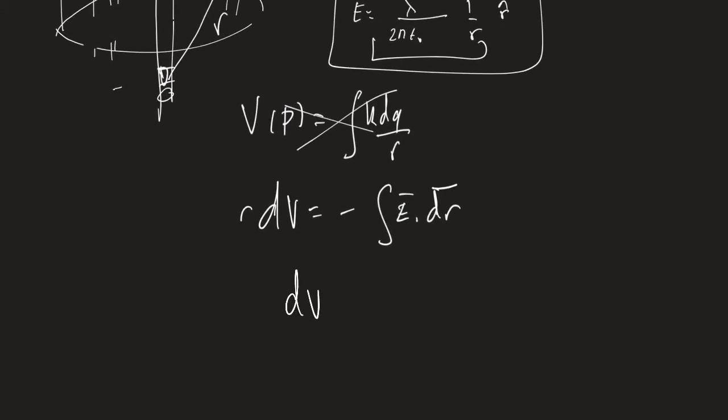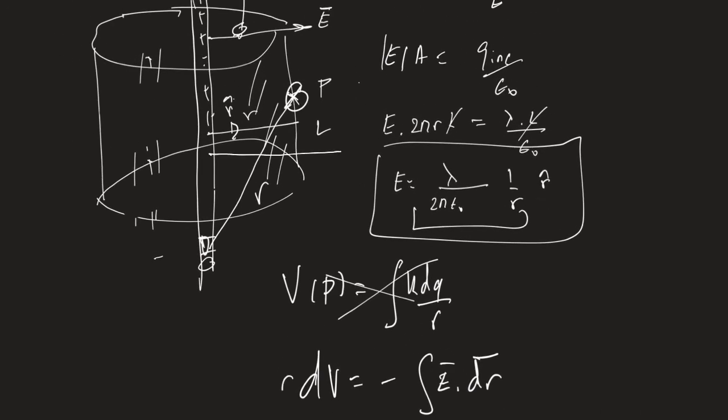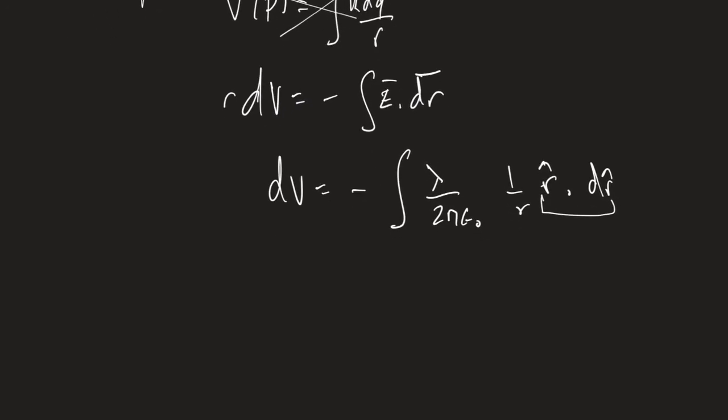So dV equals minus the integral of lambda over 2 pi epsilon 0, 1 over R, the electrical field, R scalar dr. But R scalar dr in this case is dx, is this direction, because this is the R, I'm going like this, so it's like using this system of reference.